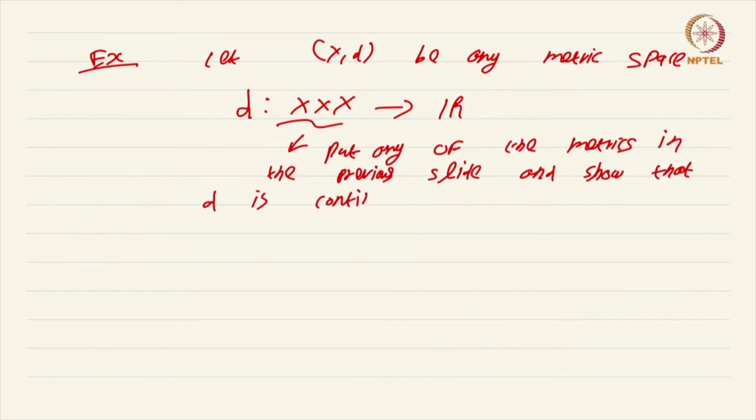So when you consider X Cartesian product with itself, you have these three natural metrics that we have defined. Under any of them, the metric itself, d, would be a continuous function.